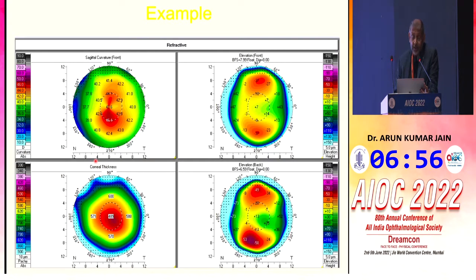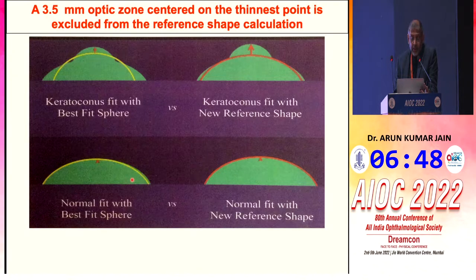So this is an example just to show a patient who had around 460 micron thin corneas. What the Belin-Ambrosio map does is that a 3.5 millimeter optic zone centered on the thinnest point is excluded from the reference shape map.